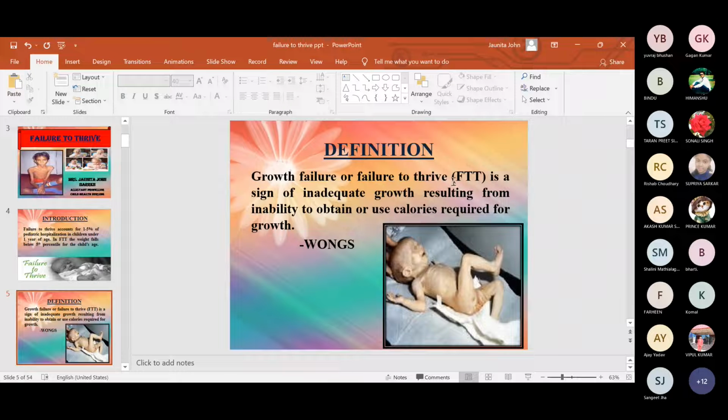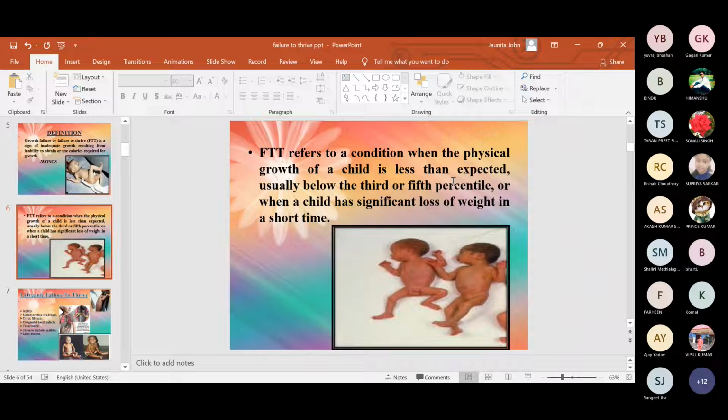So we were seeing growth failure or failure to thrive. It's a sign of inadequate growth resulting from inability to maintain, obtain or use calories which are required for the growth. As I told, it's slow physical development in a baby's growth. Another definition: failure to thrive refers to a condition where the physical growth of a child is less than expected.